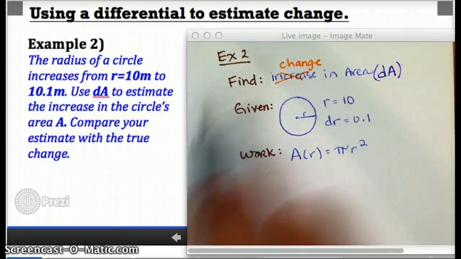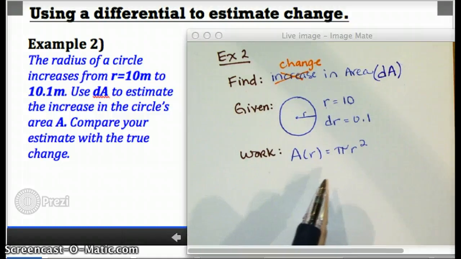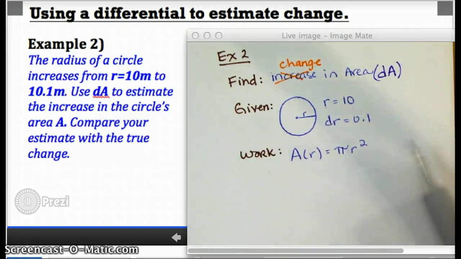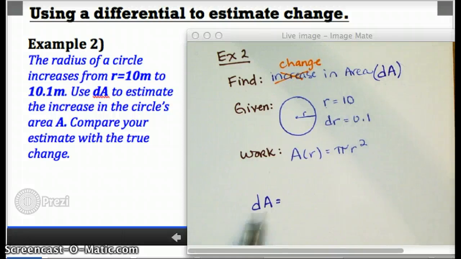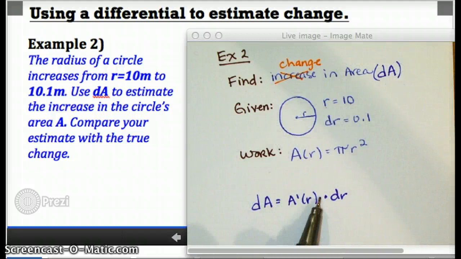So we now are set up with everything we need. We just need a way to get to the actual answer. Well, I know I'm looking for a differential here, and it's the differential of an output. What does this differential have to equal? Exactly, it has to equal the derivative function times the differential of r.